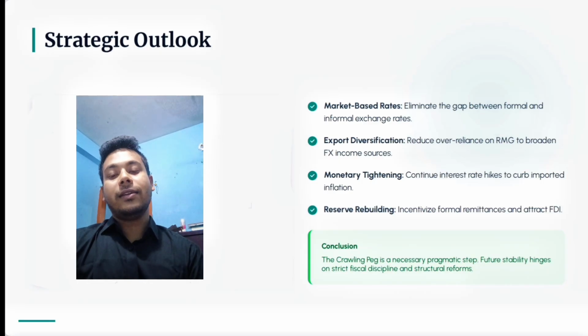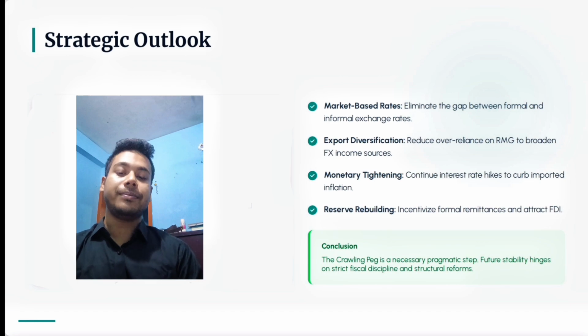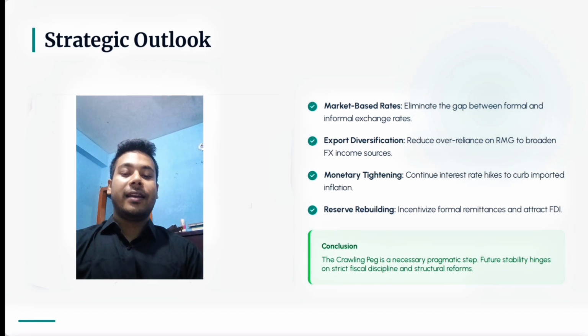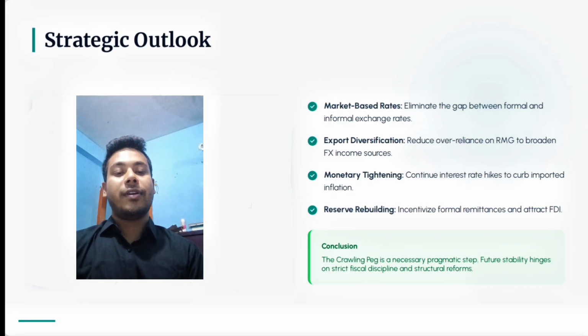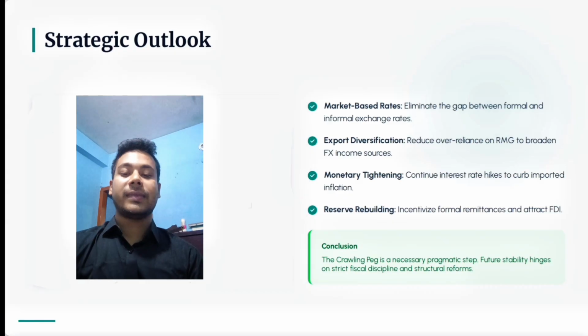And finally, we come to a conclusion. The crawling peg is a necessary, pragmatic step. Future stability hinges on strict fiscal discipline and structural reform.